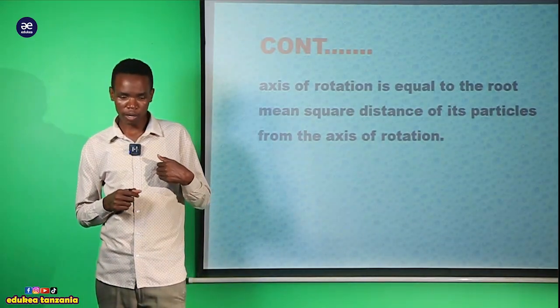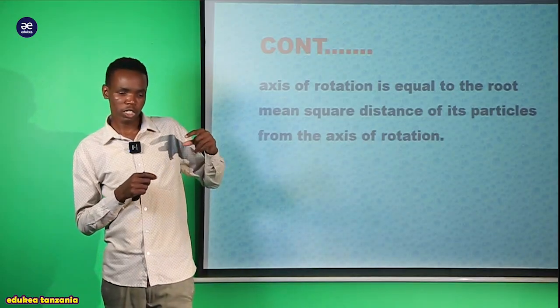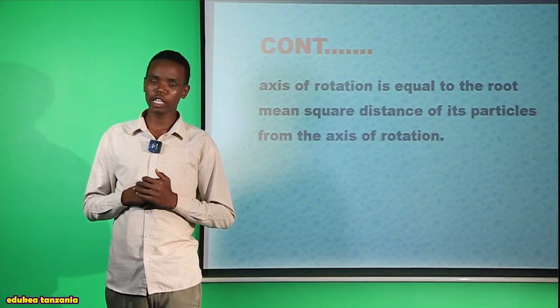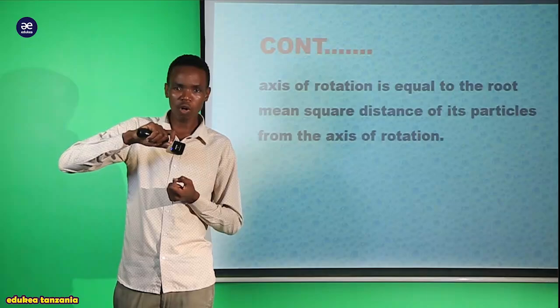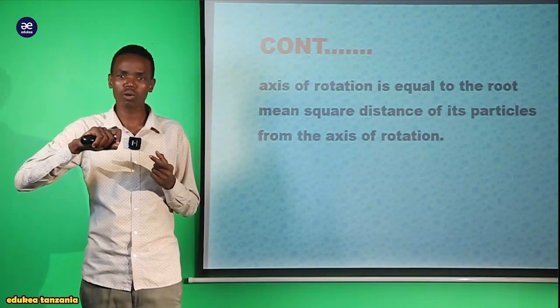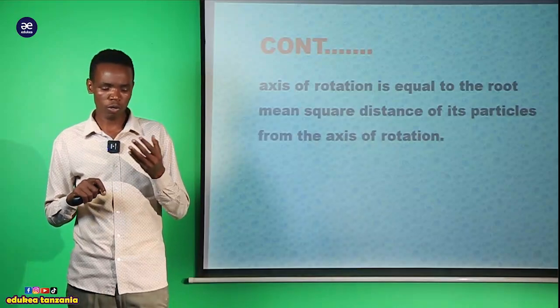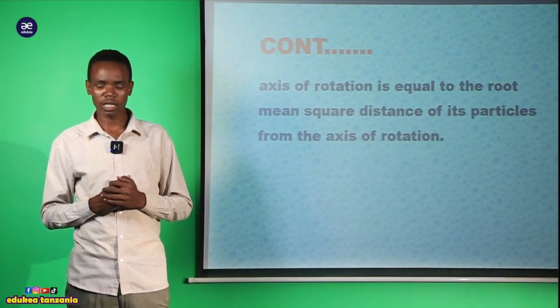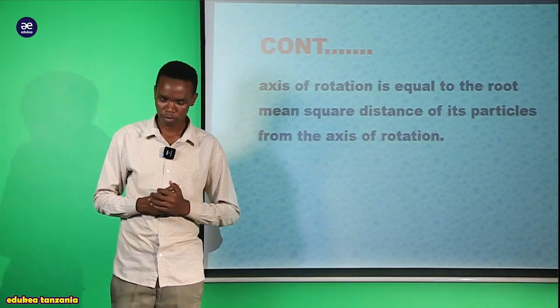And also you'll be asked to show that the radius of gyration of the rotation of a rigged body is equal to the root mean square. Only 3 questions that you'll be asked for this session.